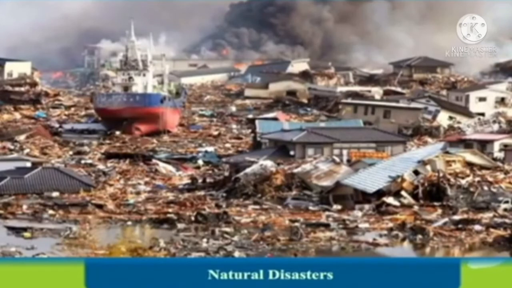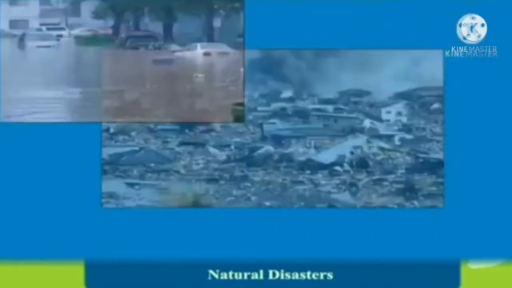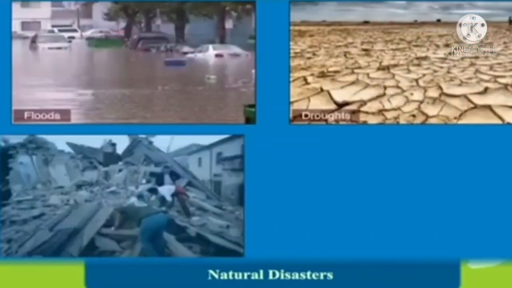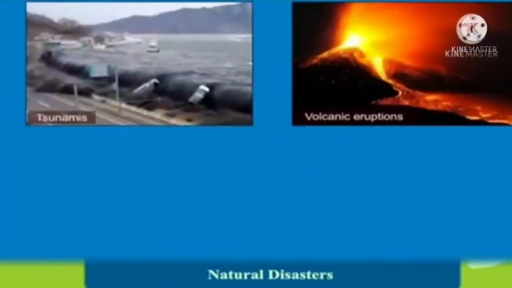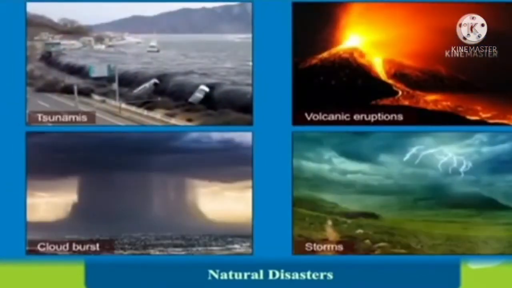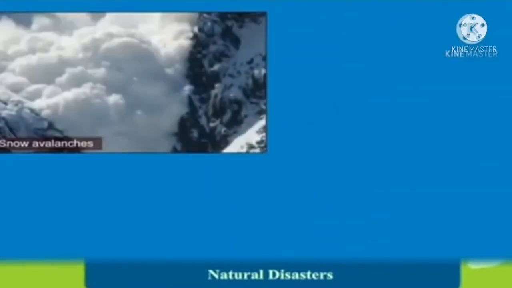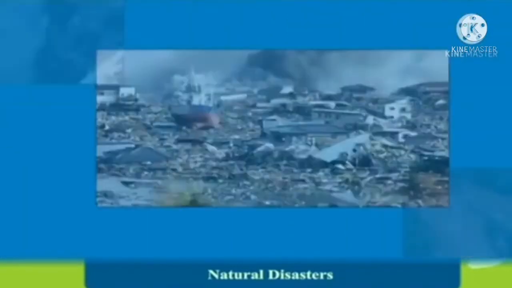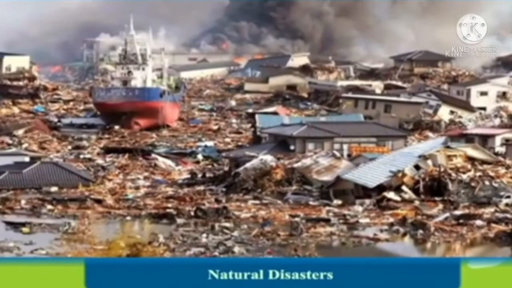Most of the natural disasters cannot be prevented or averted. They take their own course, and most of the time they cannot be controlled, but we can minimize their effects, like floods, tsunamis, volcanic eruptions, cloud bursts, storms, snow avalanches, and landslides.